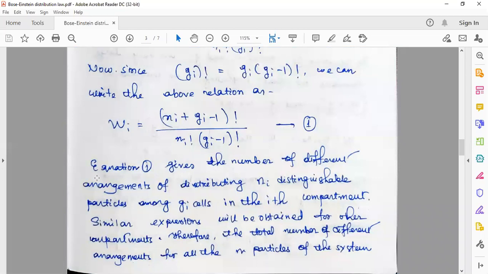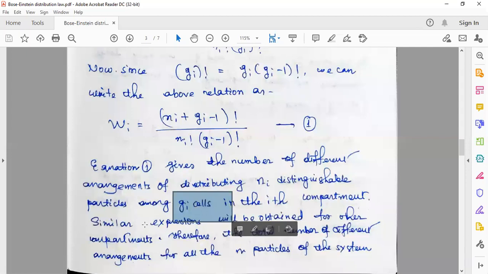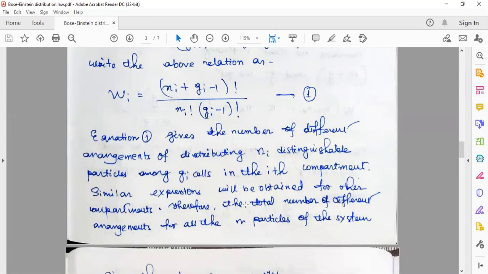So this equation 1 gives us the number of different arrangements of distributing ni particles among gi cells in the ith compartment. Similar expressions will be obtained for other compartments also, like maybe the first compartment, second, third, fourth.